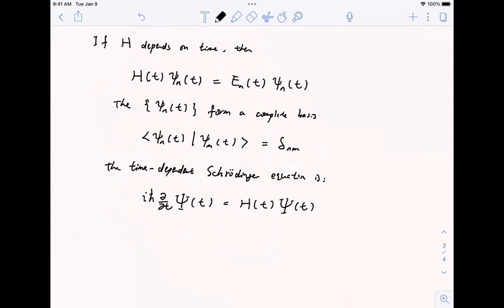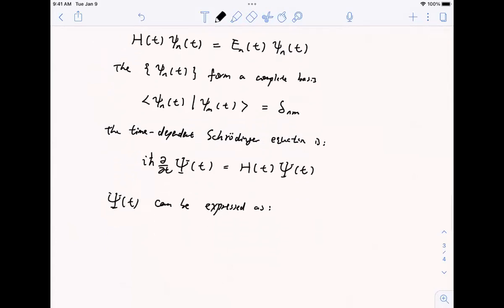Okay, now this one at any time can be expressed as a linear combination of this new basis. Okay, at a certain time. Okay, so the coefficient is Cn.